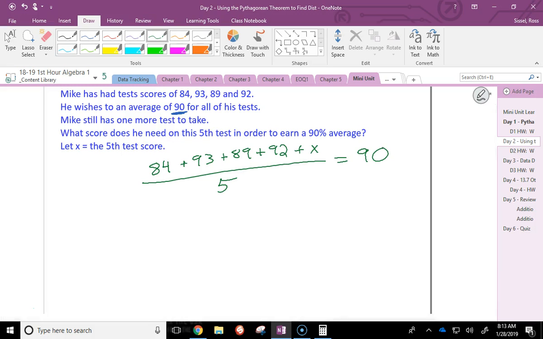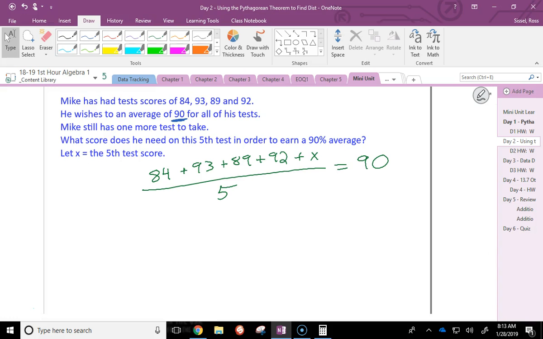Now, when I go to do this, my first step would be I want to get rid of that division. So to undo that in my equation, I'm just going to times this whole side times 5. Since I was dividing by 5, I'm going to multiply it by 5, which means I have to go on this side of the equal sign and times by 5.